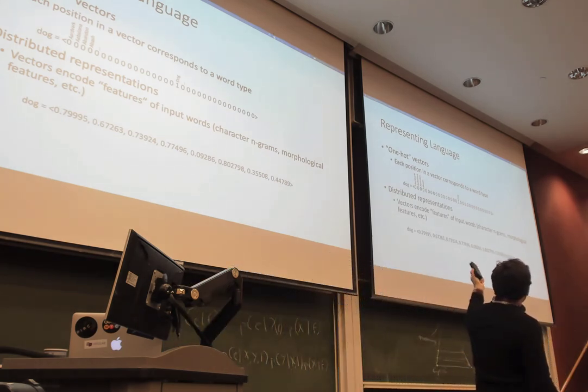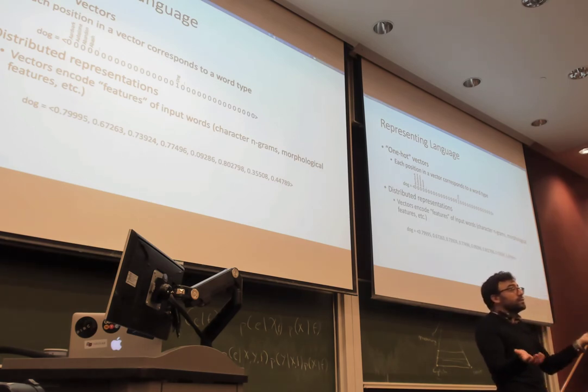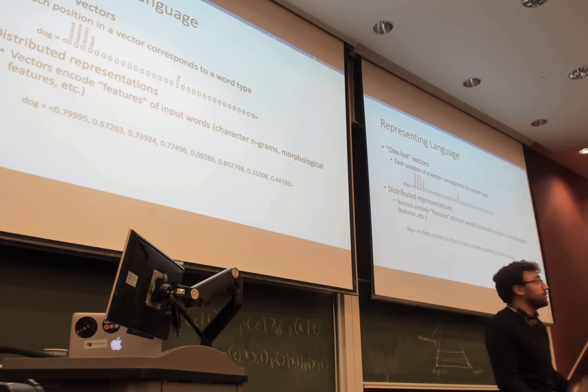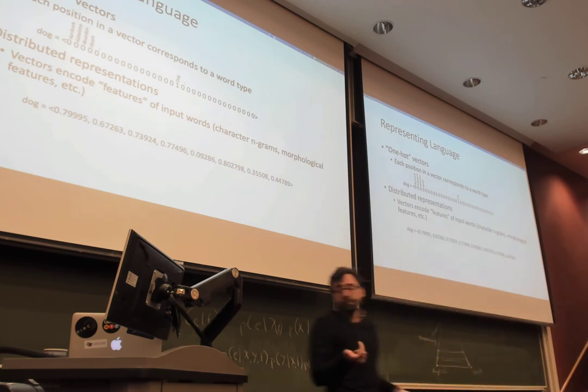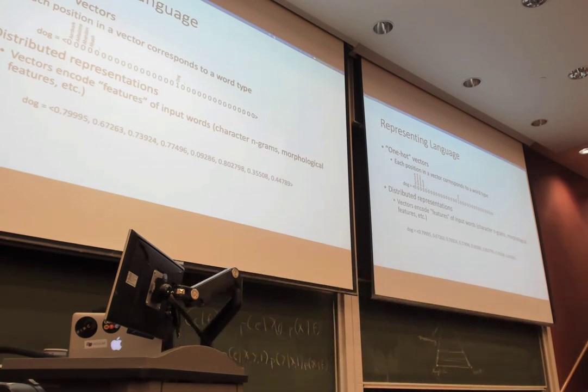These could be handcrafted, based on character n-grams or morphological features, or they can be learned through something like Word2Vec, or you can just learn them while you train your neural net.